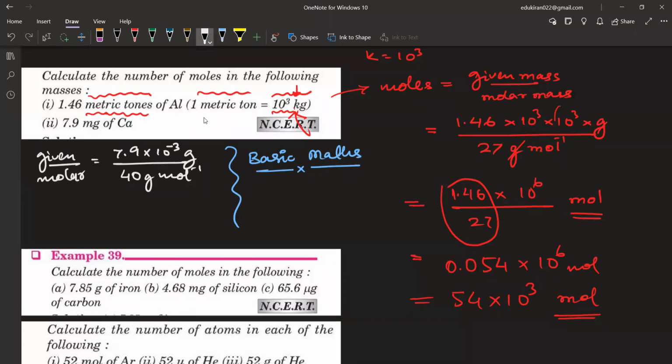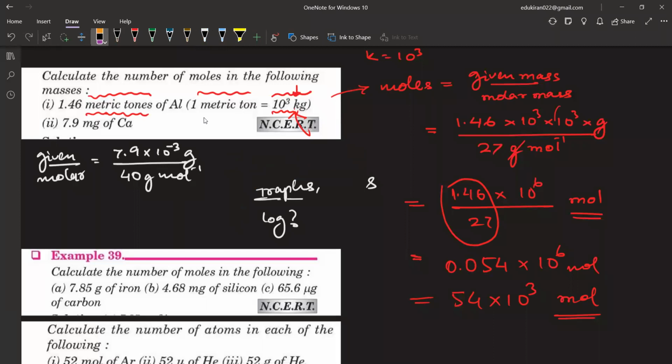Sir, integration. Integration and graphs and units and log also maybe. Yes. Aisha? Yes. You have studied it, right? Okay, so I think this is calculatable, right?